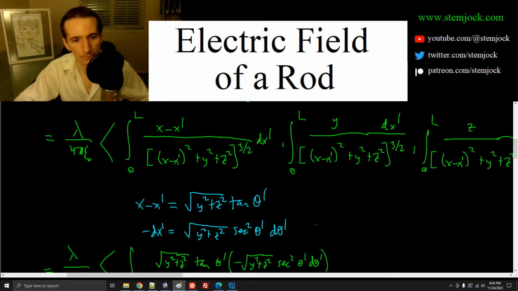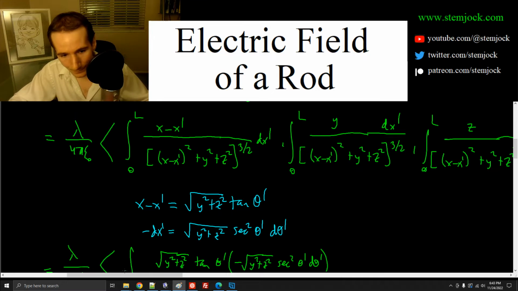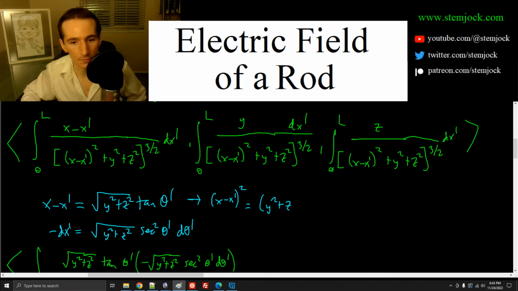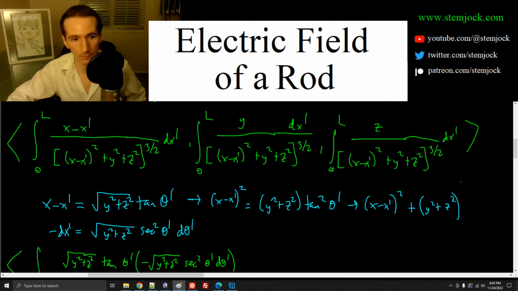And in the denominator, I'm just going to work out all the algebra here. So x minus x prime squared will be y squared plus z squared times tangent squared theta prime. So x minus x prime squared plus y squared plus z squared, that's what I have here in the denominator.